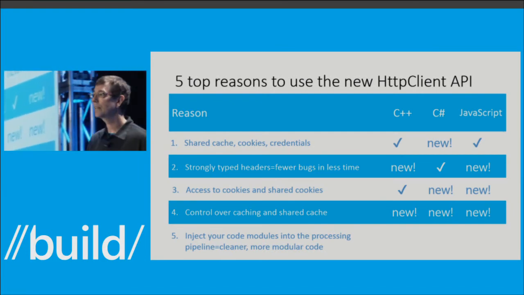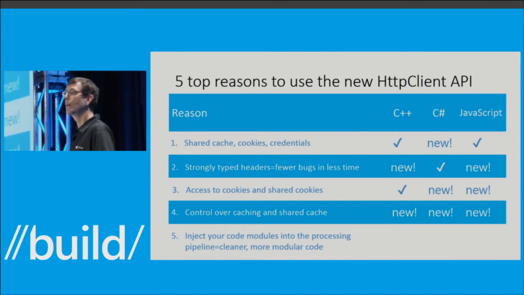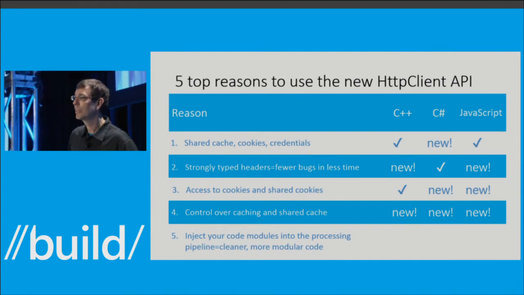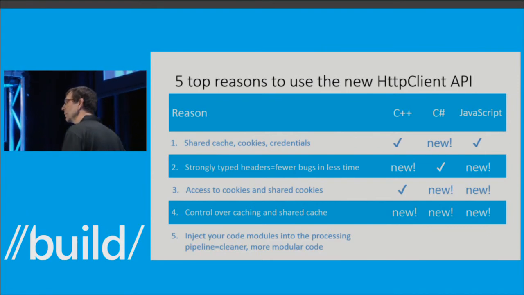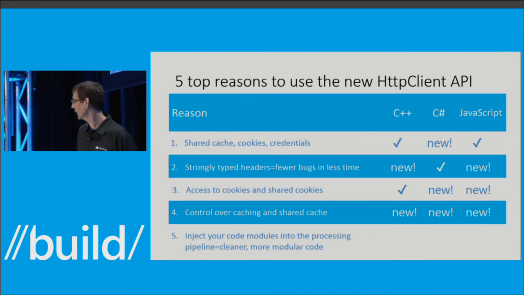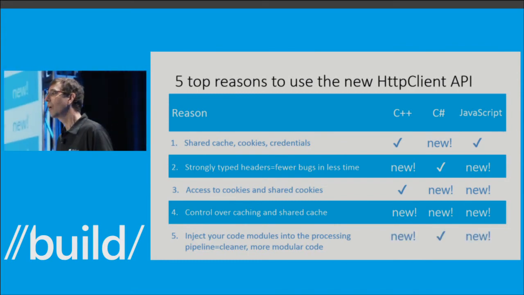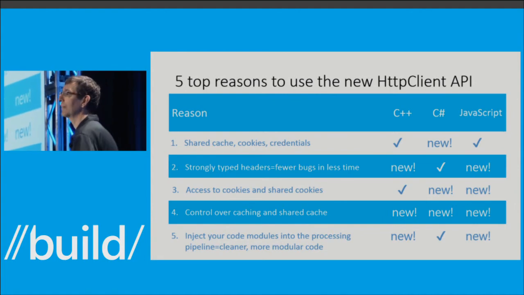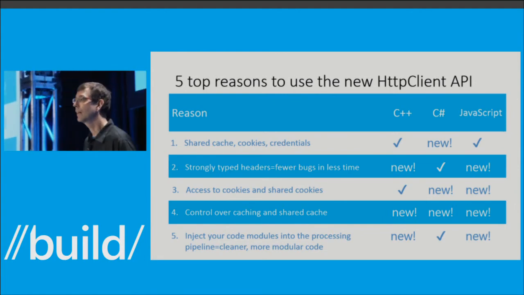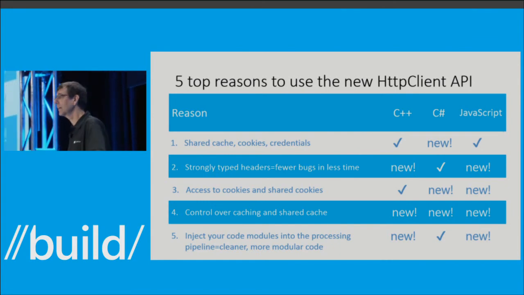So if you are excited about how much more modular your code can be on the client side using filters, you should be just as excited about how modular your server-side code can be with System.Net.Http. And those of you who've used Web API already have seen the power of this, because all their routing and all their infrastructure is based on this handler model in .NET.